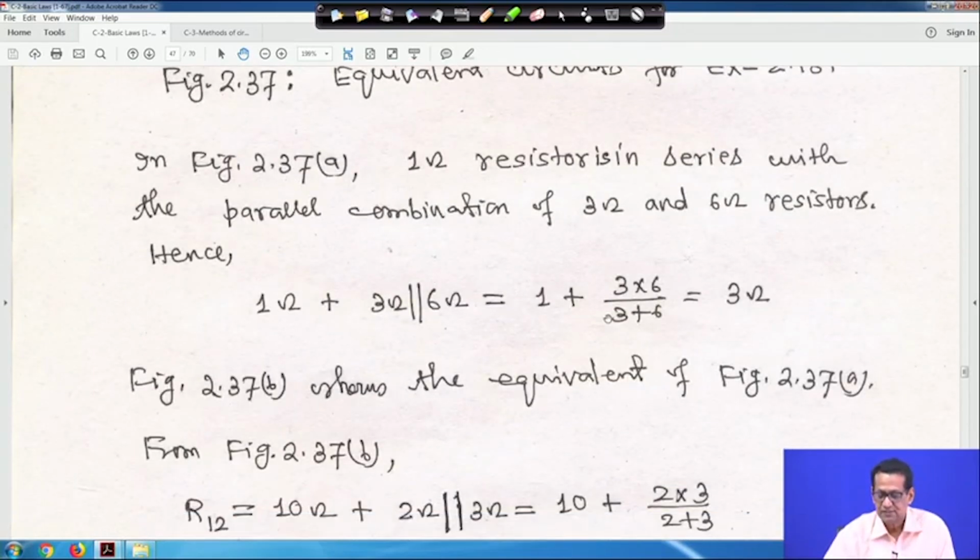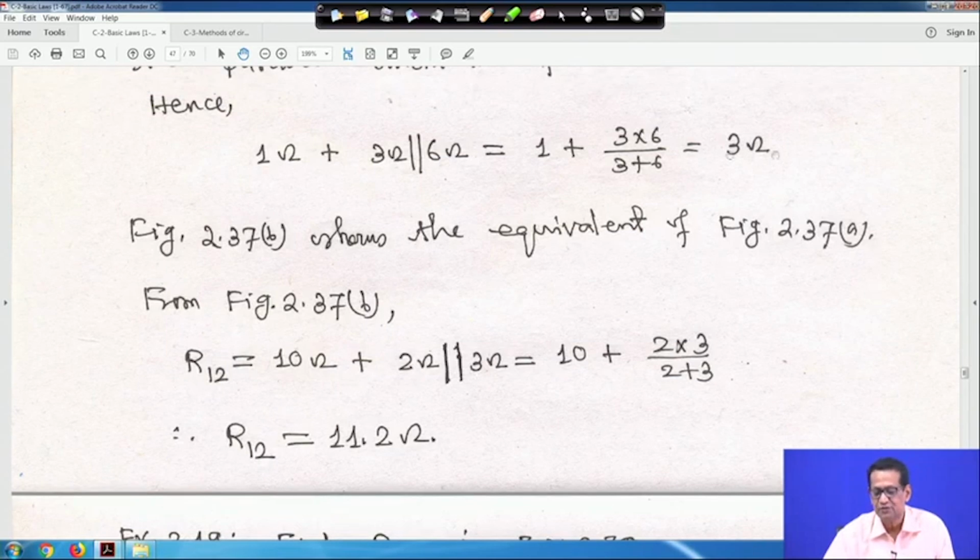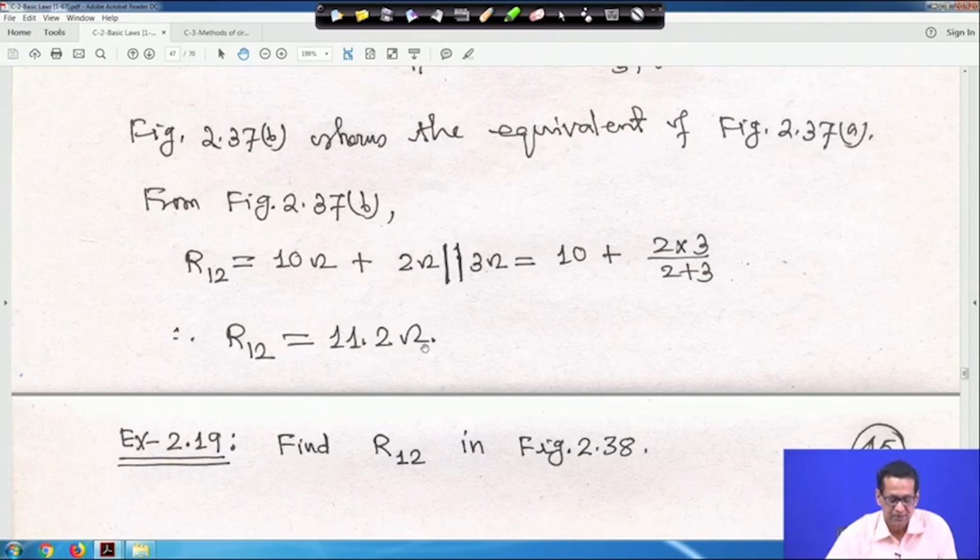This is already 3 ohm, as I told you how we calculated. So, 10 plus 2 into 3 upon 2 plus 3 comes to 11.2 ohm, this is the answer. Hope things are understandable to you.